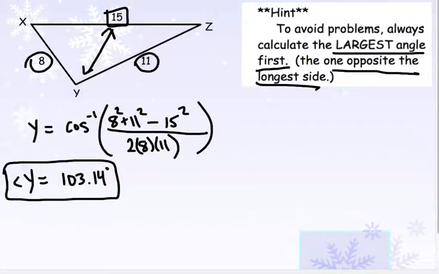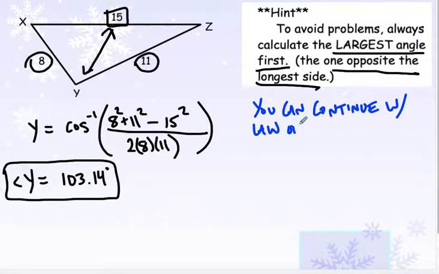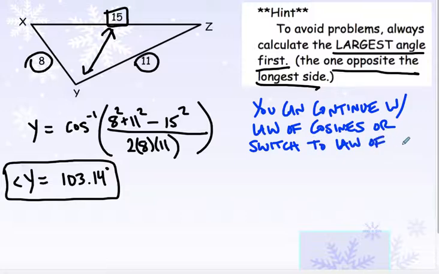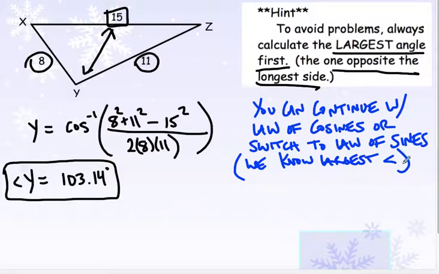Now that we know our largest angle, we can switch to law of sines if you want, or you can continue with law of cosines. Again, largest angle is across from largest side.